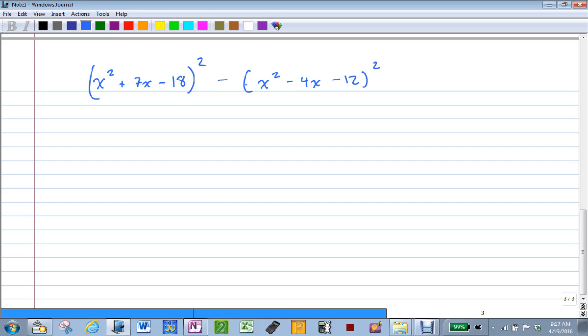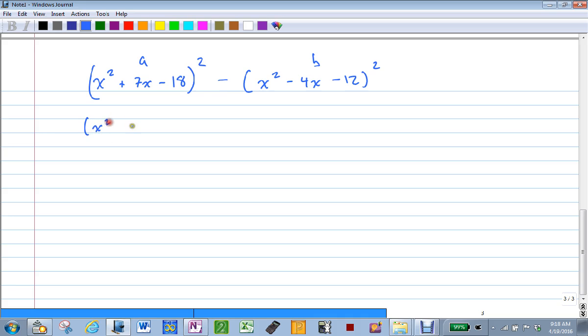Is it a difference of squares? So can you make that A and that B? You could, right? Which would mean I would need the square root of that and the square root of that, right? So what is the square root of x squared plus 7x minus 18 squared? x squared plus 7x minus 18, isn't it?